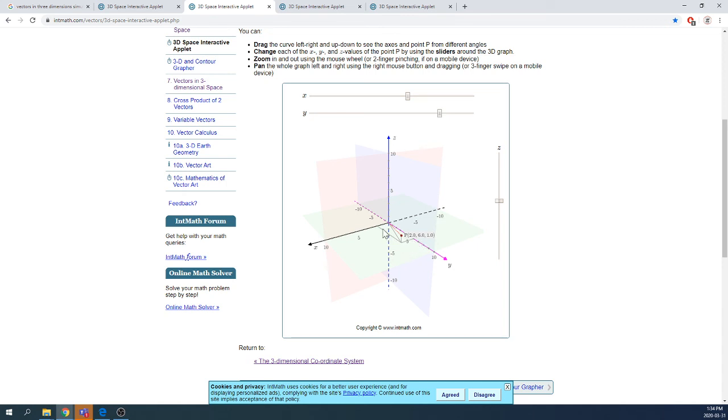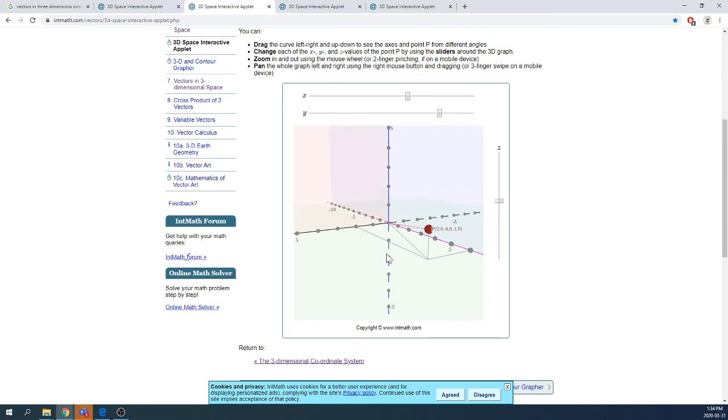So just look at x and y. If you wanted to find the magnitude of just x and y, so if you were just in quadrant 1, the length of the sum vector for x and y is this diagonal line right here. Let me just zoom in on this a bit. There we go. The magnitude of y and x is this diagonal line, right? So this diagonal line is essentially the square root of x squared plus y squared.